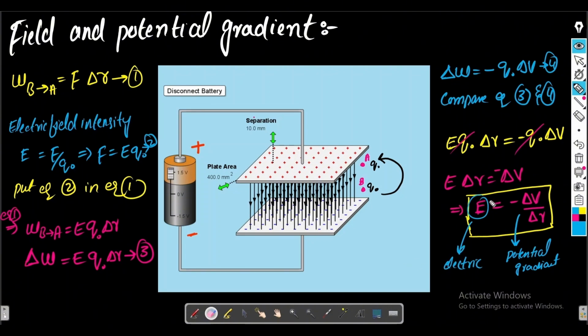It means that the electric field is equal to the negative of the potential gradient, meaning the change in potential with respect to the distance del R. So this is the final relation for the field and the potential gradient.